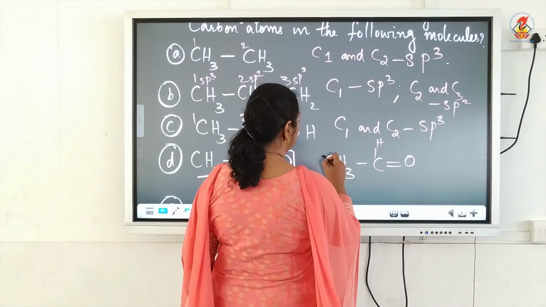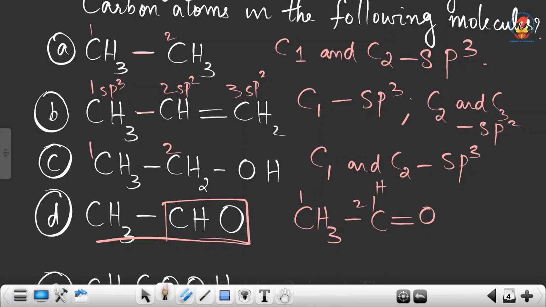Now suppose you number this carbon as 1 and this as 2, then there is a single bond between 1 and 2, which means the first carbon will undergo sp3 hybridization. But you see between carbon 2 and O, there is a double bond, which shows that this carbon will undergo sp2 hybridization.